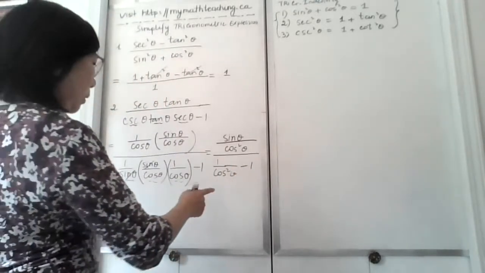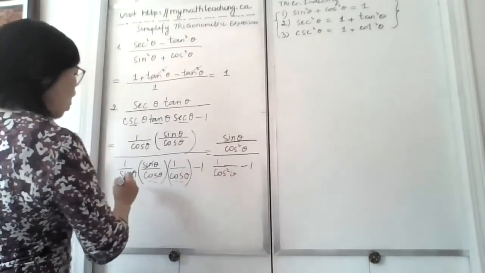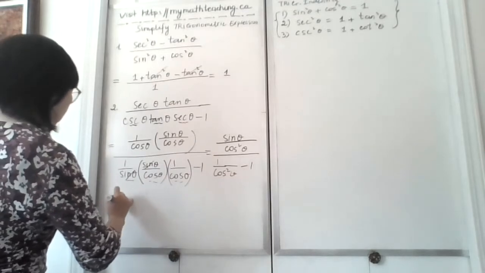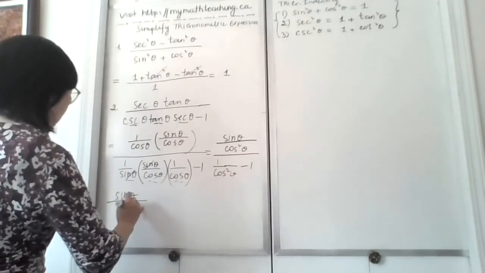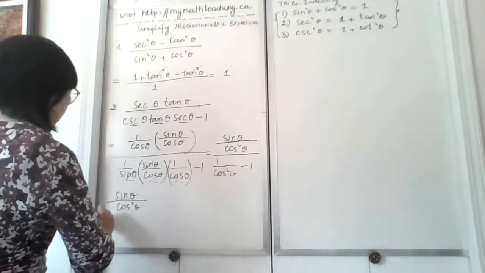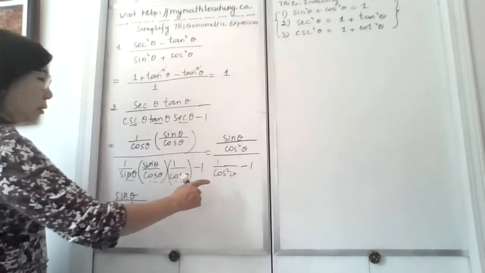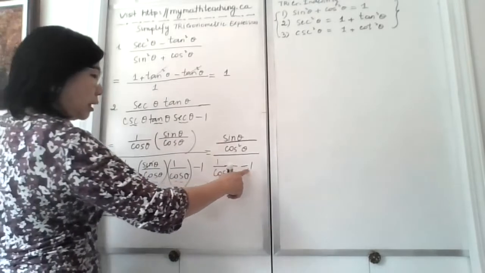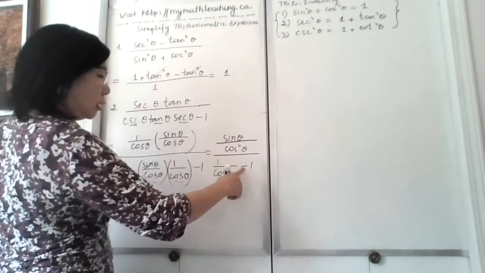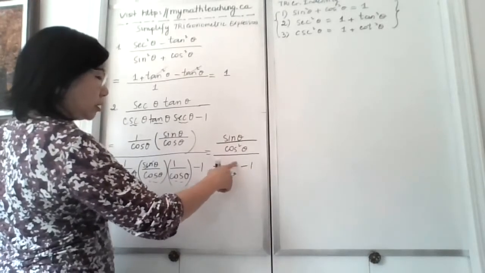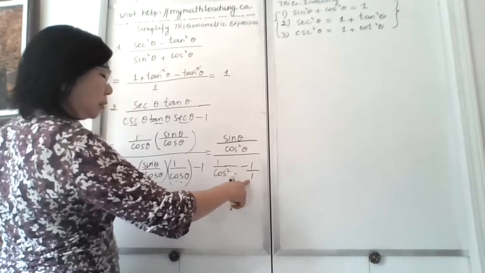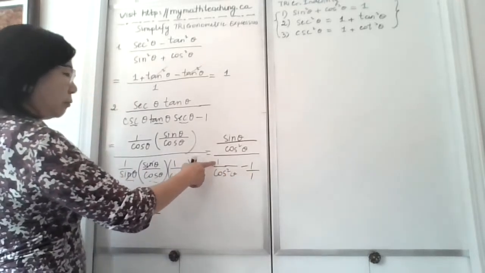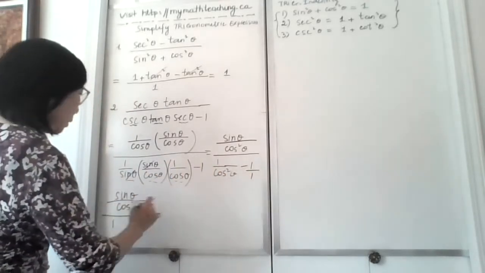Now, at this point, I'm going to leave the top the way it is, sine theta over cos square theta. But I have to find a common denominator for the bottom. This is a fraction subtracting a whole number. So I'm going to put 1 underneath, and I can keep this numerator here as 1.